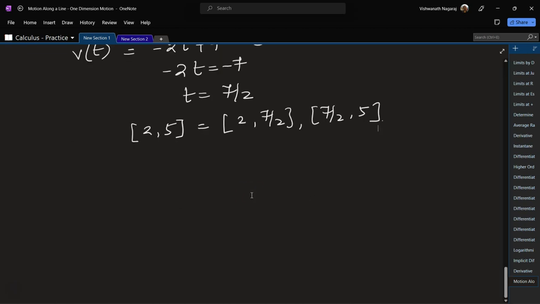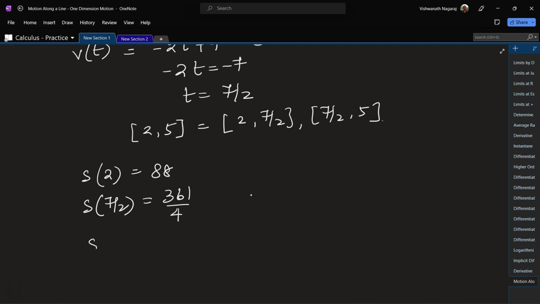So again, take the endpoints and figure out the displacement. So S of 2 is equal to 88. S of 7 by 2 is equal to 361 by 4, and S of 5 is equal to 88.